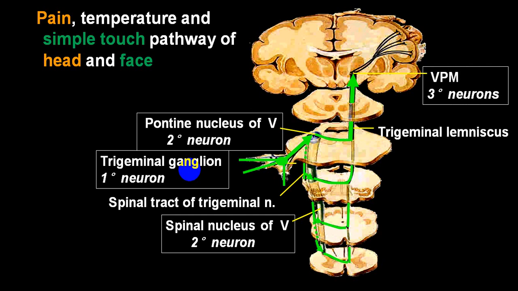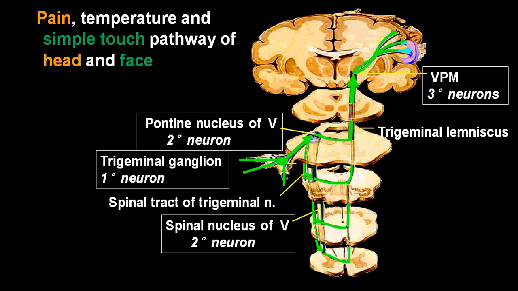After crossing to the opposite side, it will form trigeminal lemniscus, which will combine with spinal lemniscus and medial fasciculus, and it will end in ventro-posterolateral nucleus, ventro-posterior-medial nucleus of thalamus, and then third order neuron will pass via posterior limb of internal capsule and will end on cerebral cortex, post-central gyrus of parietal lobe, but close to the lateral sulcus, which is a part of face and neck.